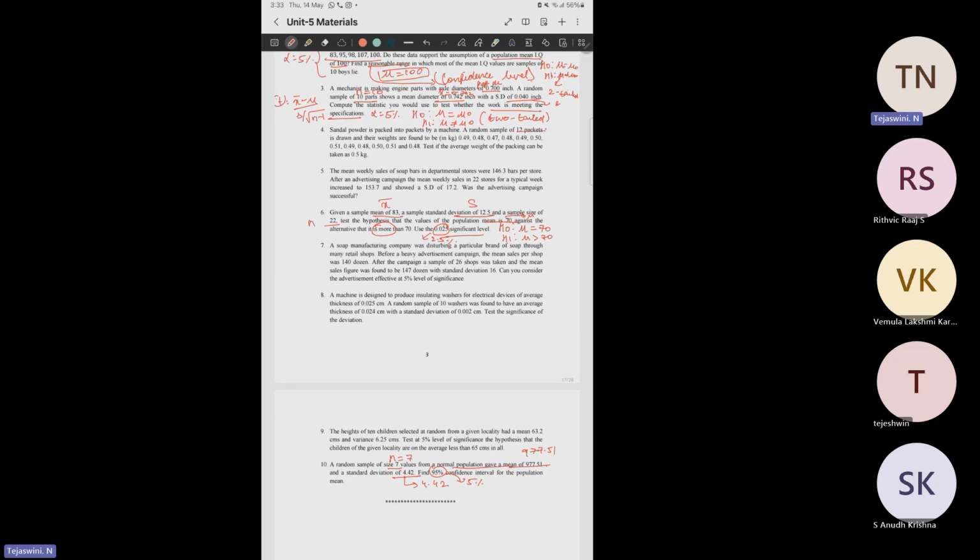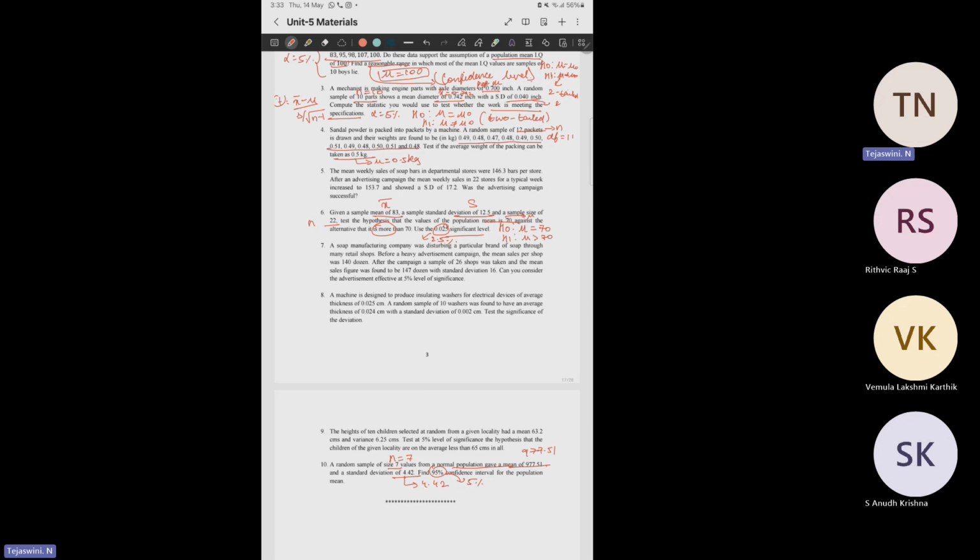n is equal to 12, degree of freedom will be 11, and the weights are given here. Mu is given to be 0.5 kg, and they do not give us the sample mean or sample standard deviation. Alpha we can take as 5% since they didn't give it to us.